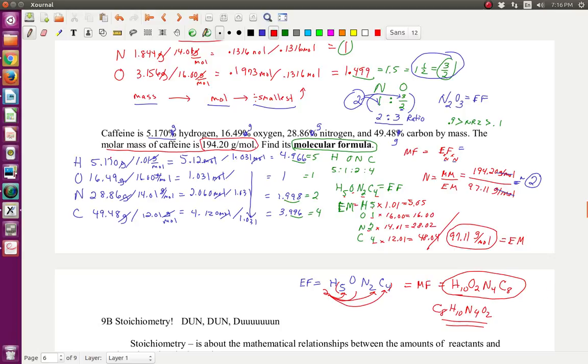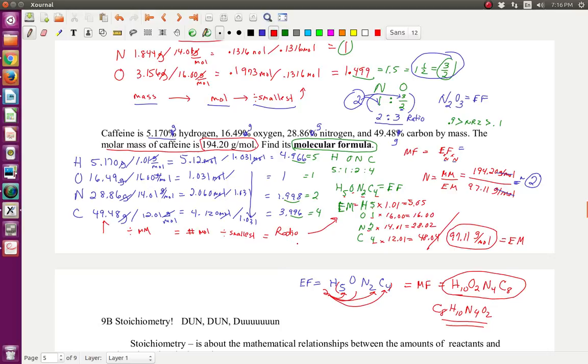What we did was we took the masses given, we divided by the molar mass to get a number of moles. We divided by the smallest number of moles to get a ratio. The ratio is where I get the empirical formula from.